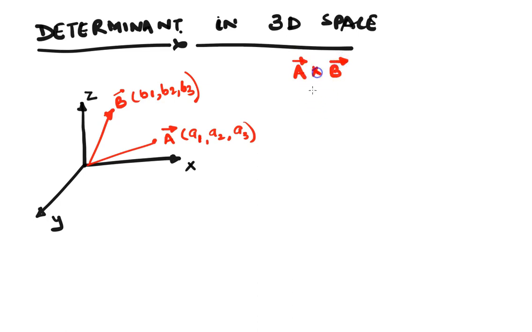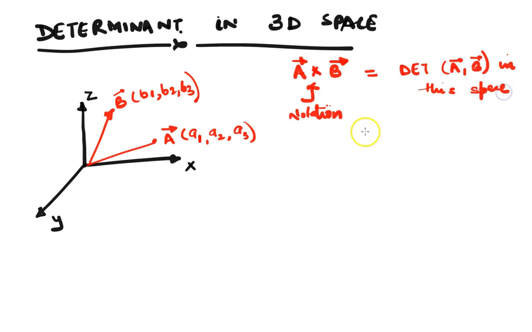See the notation, which is different from this, is the determinant of A and B in this space. Now note there is no third vector, so how would you solve this?